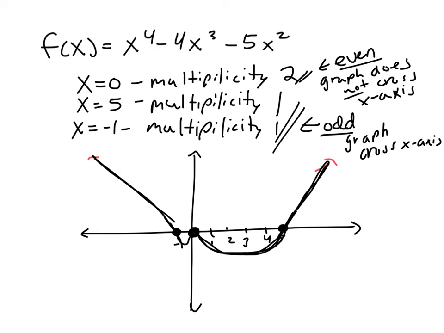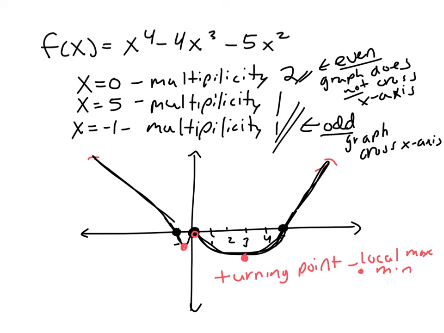Talking about turning around, these points where you turn around are called turning points. Turning points are the local max and mins, the local or relative min and max.